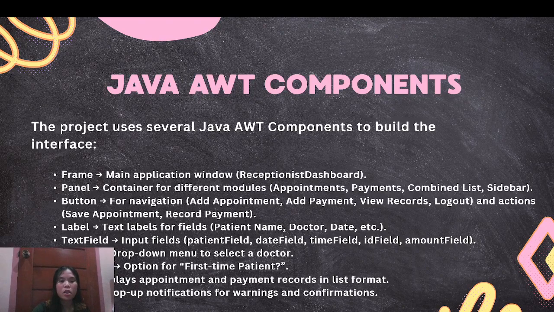Next, Java AWT components. To achieve this, the project uses multiple Java AWT components. First, we have Frame as the main application window. Next, panels organize the modules: appointments, payments, and records.